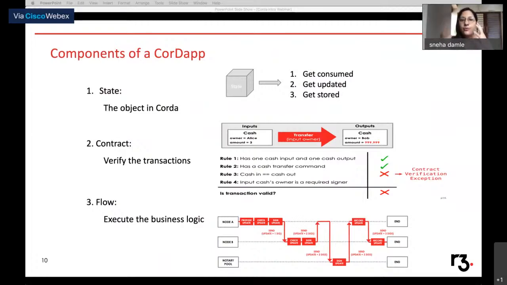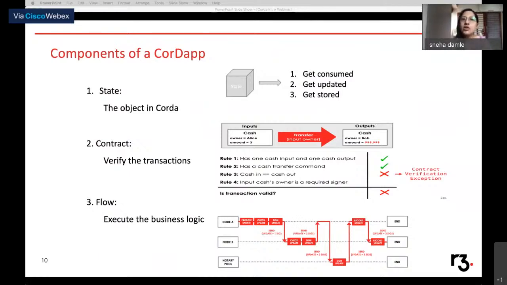So now, if you've got an idea about transactions, we'll talk a bit about contracts. A contract, you can say, is a function in Corda which simply verifies the transaction proposal.